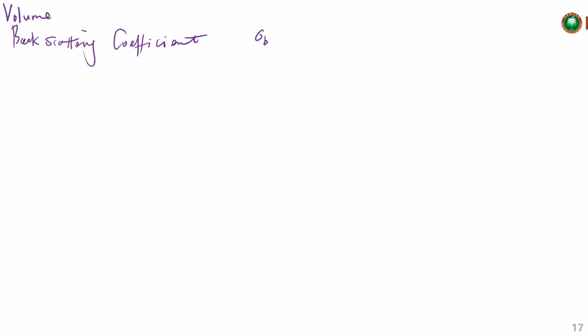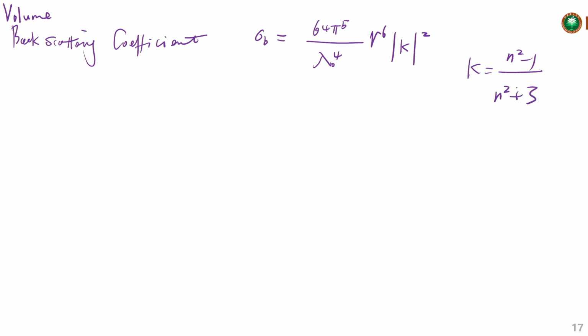For an individual particle, it is expressed as 64 pi to the power 5 divided by lambda naught to the power 4 times radius to the power 6 and K squared, where K equals (n squared minus 1) over (n squared plus 3). So this is just for an individual particle.